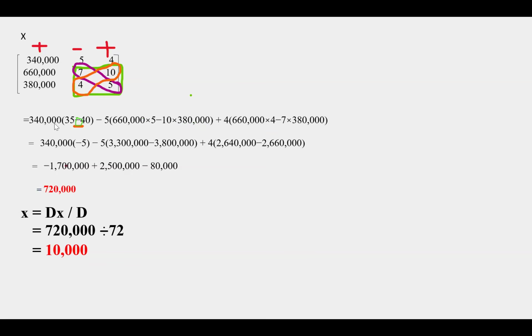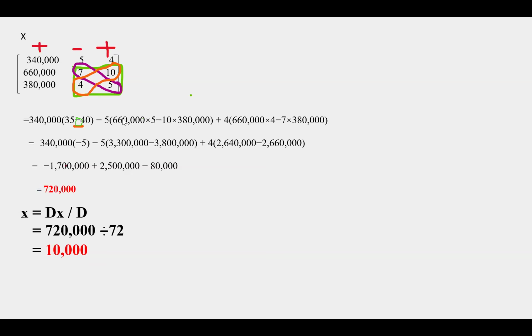But remember we have 340 outside here. So we're going to multiply the 340 thousand Uganda shillings, or 340,000 times a negative 5, which is going to give us negative 1,700,000.